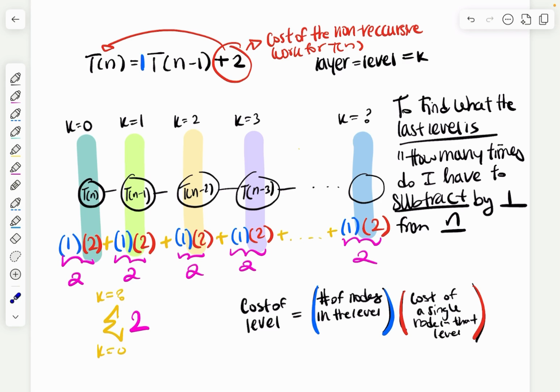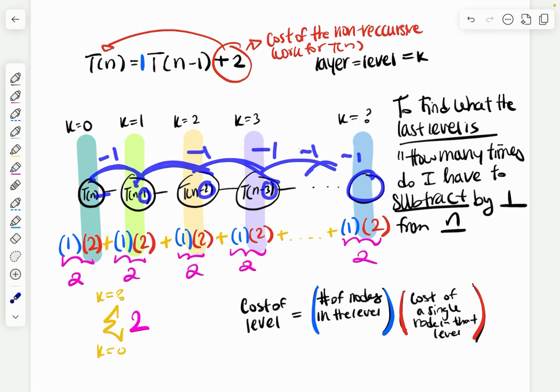You don't really have to have a context of the problem. You just think, okay, well, I'm starting here at n, and each time I'm subtracting 1 from n. And so at this point I've subtracted 1, and at this point I've subtracted 2, and at this point I've subtracted 3. And so if I keep subtracting 1, at some point I'm going to end up literally subtracting n.